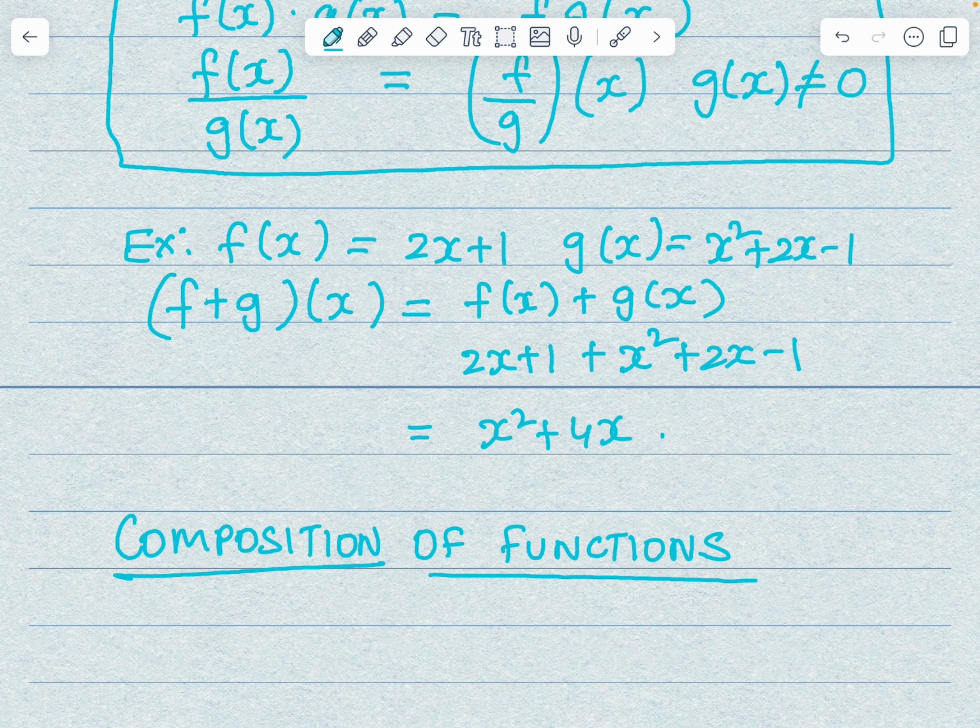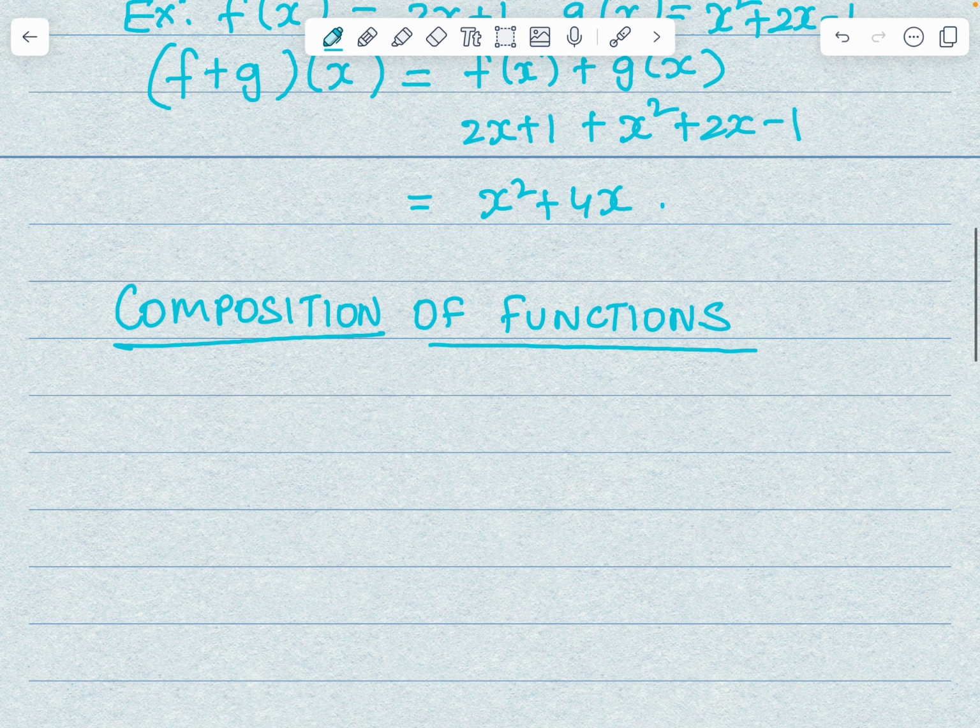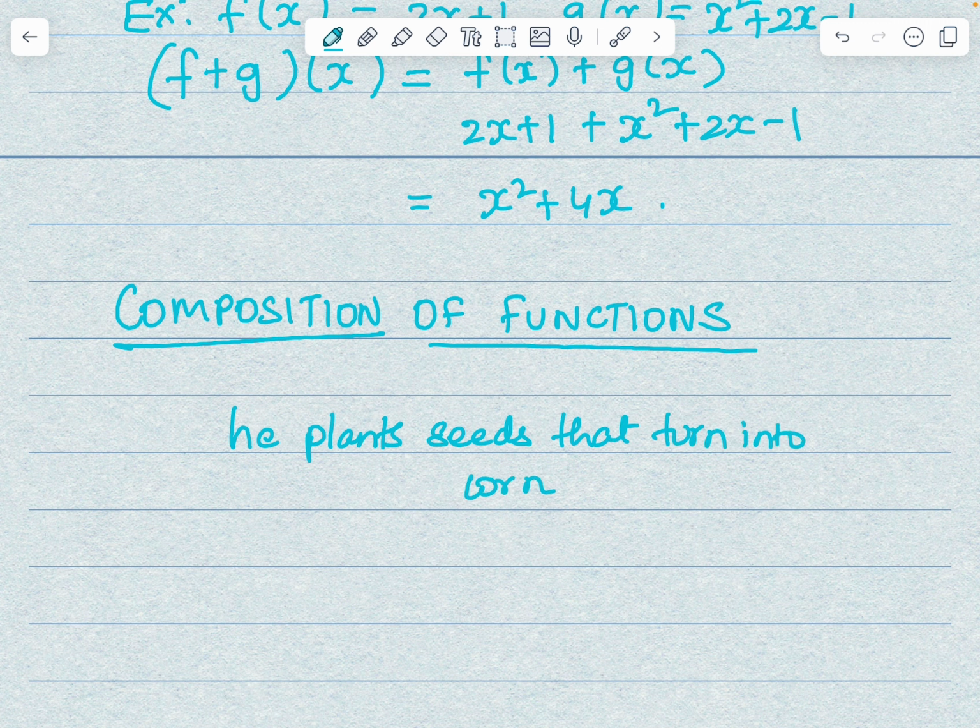Let's say that there is a farmer, and every year he plants seeds that turn into corn. So he wants to write a function for that.